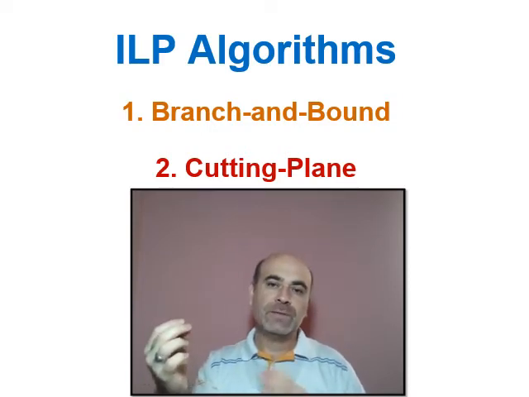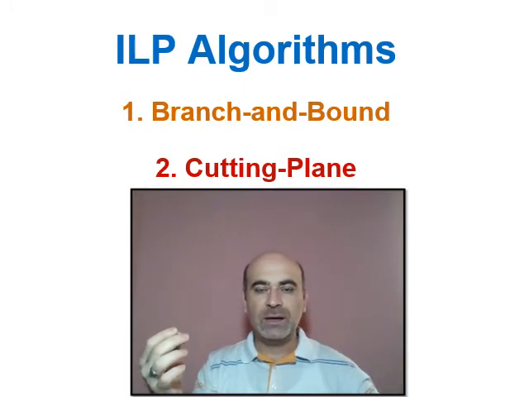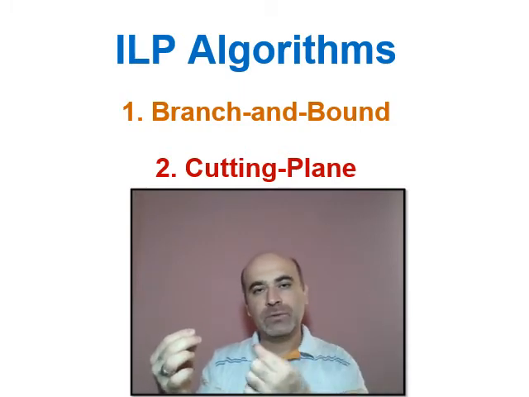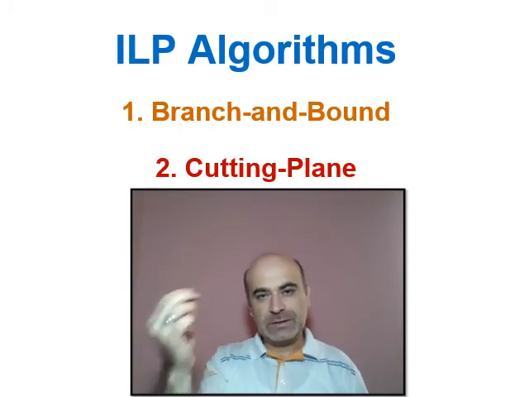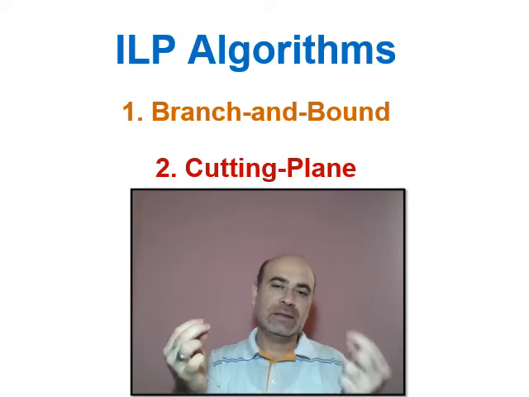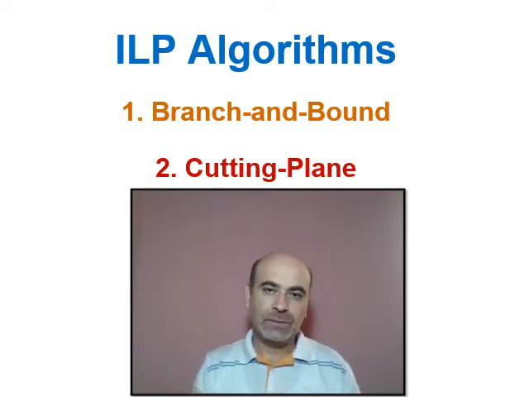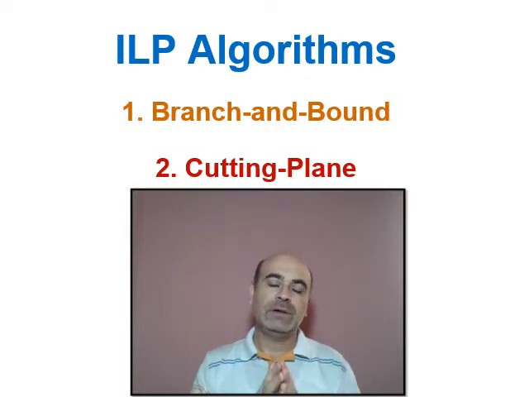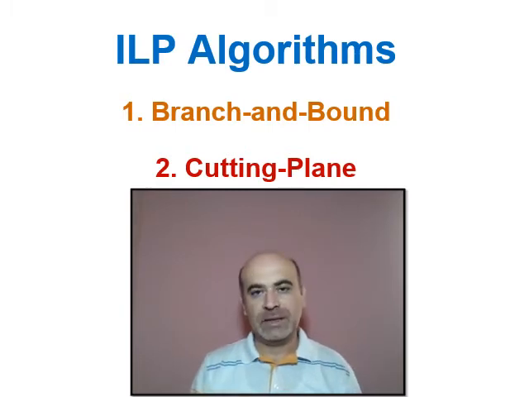So if you start from the beginning, maybe you'll start from an extreme point which is far away, and by jumping through other extreme points, you will reach this one. But if you start from this old optimum solution, then you can find the new solution maybe in an easier or shorter way. So we will learn how to do this. The algorithm that we will learn is the dual simplex method. Okay, so let's get started.